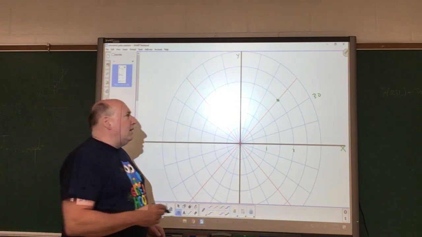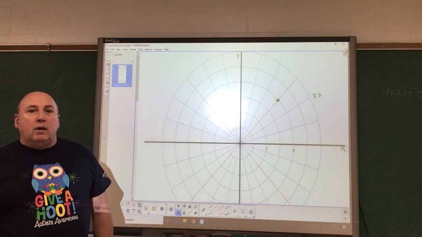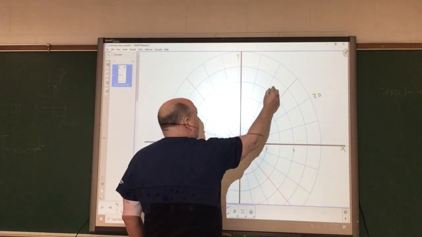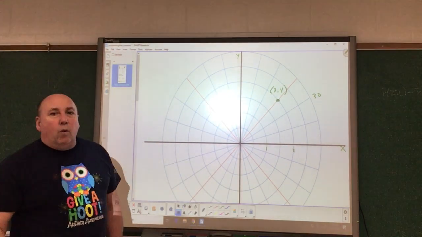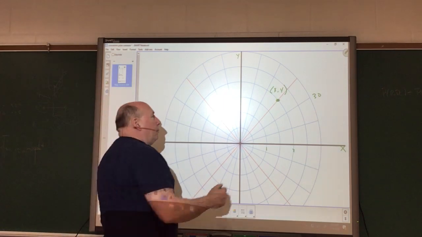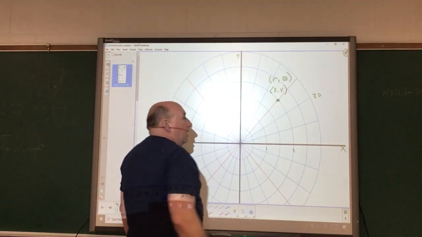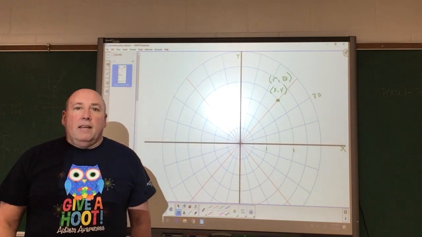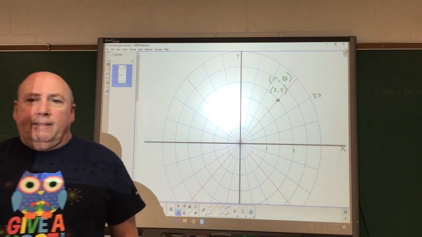So this point that we put up here can be labeled as xy, or this point that we put up here could be put up here as r and theta. Okay, so we could have either points at this point.